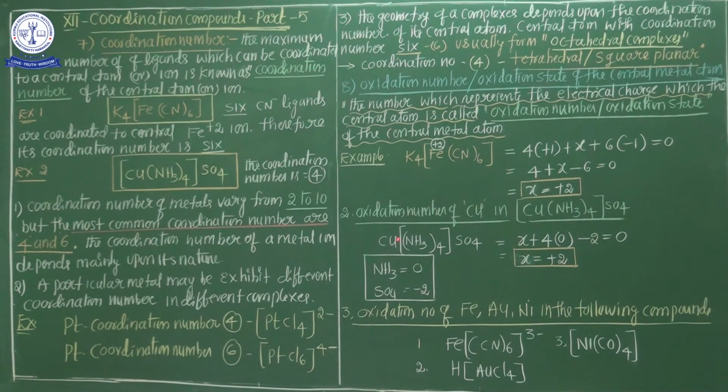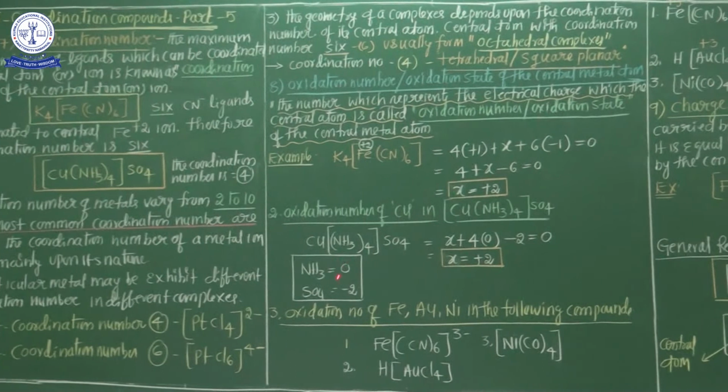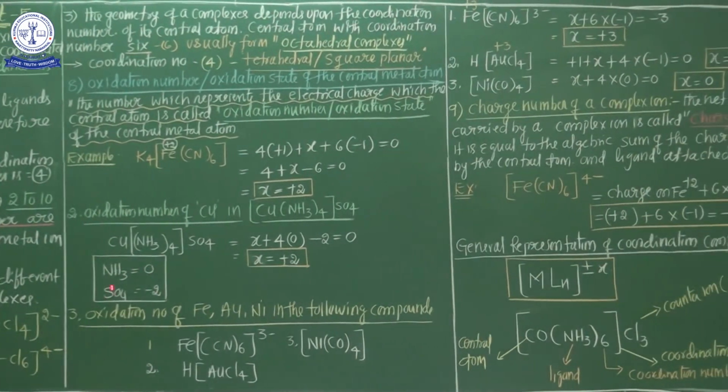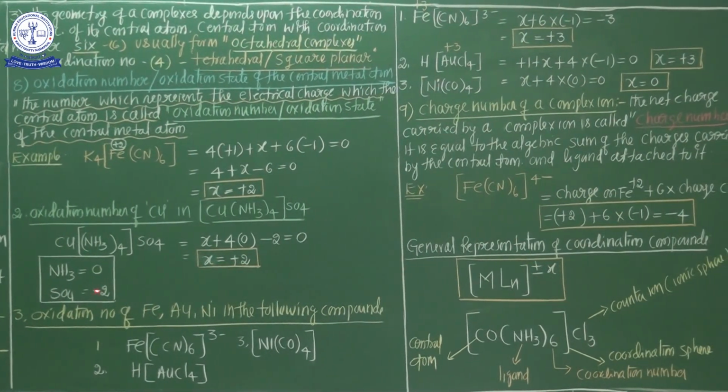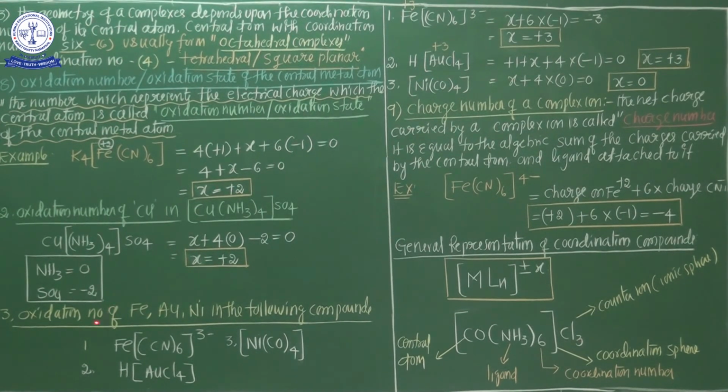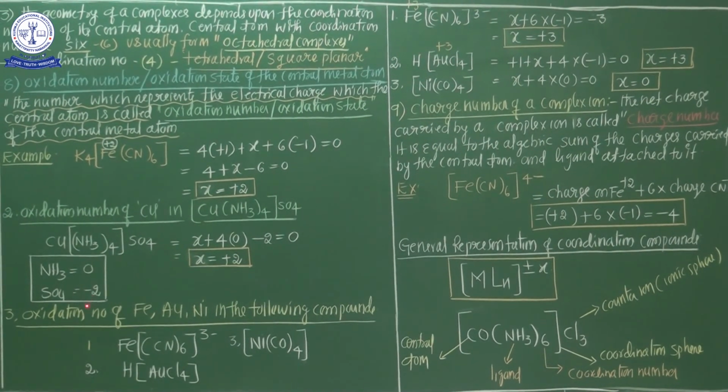Then our target is to calculate copper, expressed as X, plus ammonia NH3, whose oxidation state is 0. So 4 into 0, minus sulfate, whose oxidation state is -2. That's why I represented it here very clearly. NH3 net oxidation state is 0, and sulfate, SO4, oxidation state is -2.